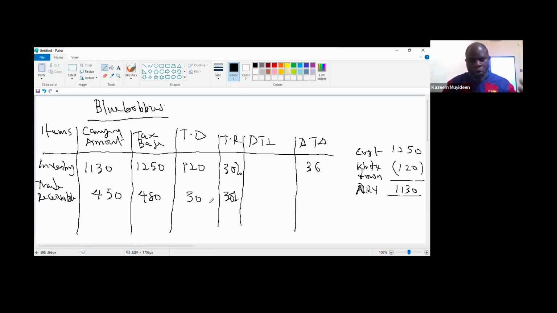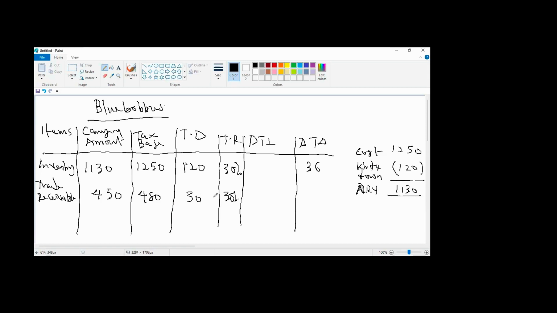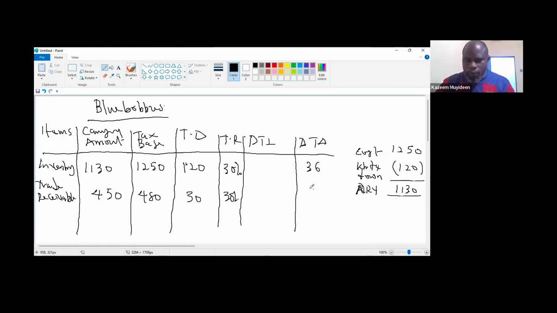Deferred tax assets, because the carrying amount is lesser than the tax base. That will give us how many? I think that is 9. So 9.